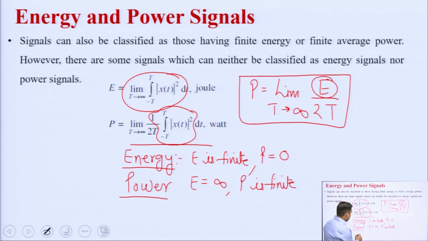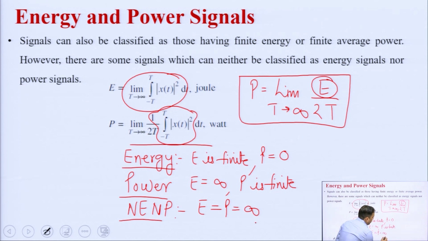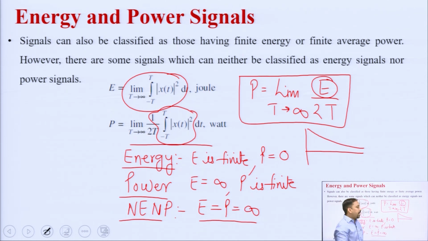Now, the third category is neither energy nor power. Neither energy nor power means that when energy and power both come out equal to infinite, these types of signals are known as neither energy nor power. By seeing the signals, those which are converging, meaning as t approaches infinity the signal amplitude goes in a downward direction, those types of signals are basically energy signals.